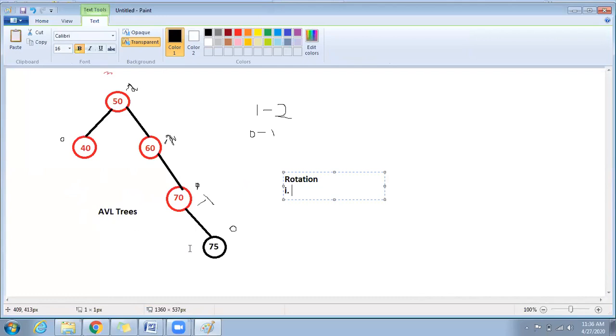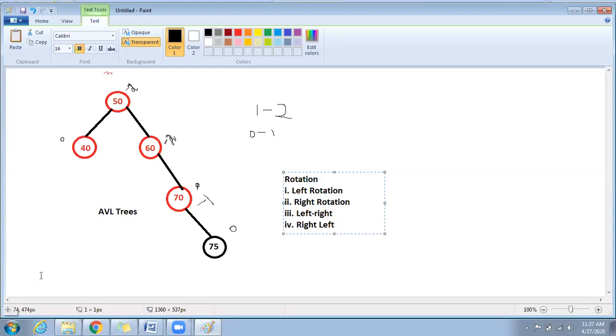There are 4 types of rotations: left rotation, right rotation, left right rotation, and right left rotation.